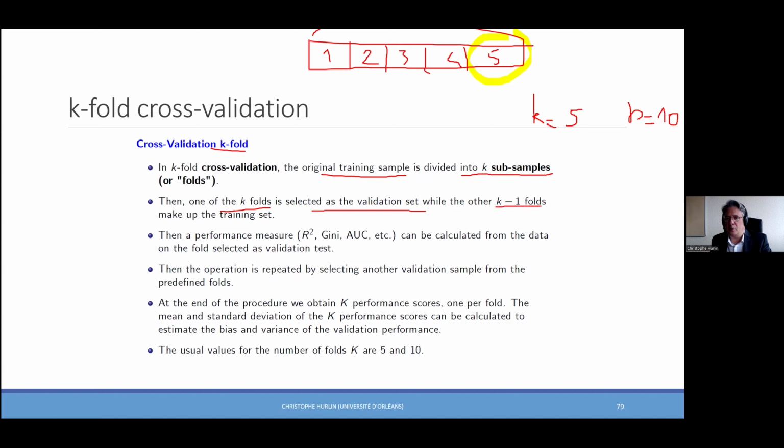The K-1 other folds constitute the training set. So I will train my model here and evaluate on the last fold.